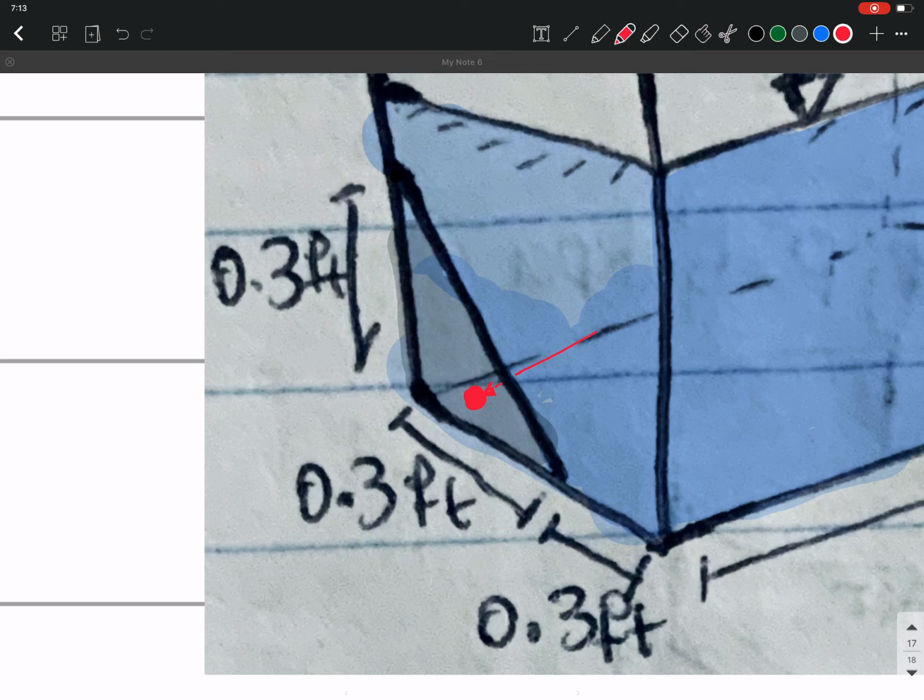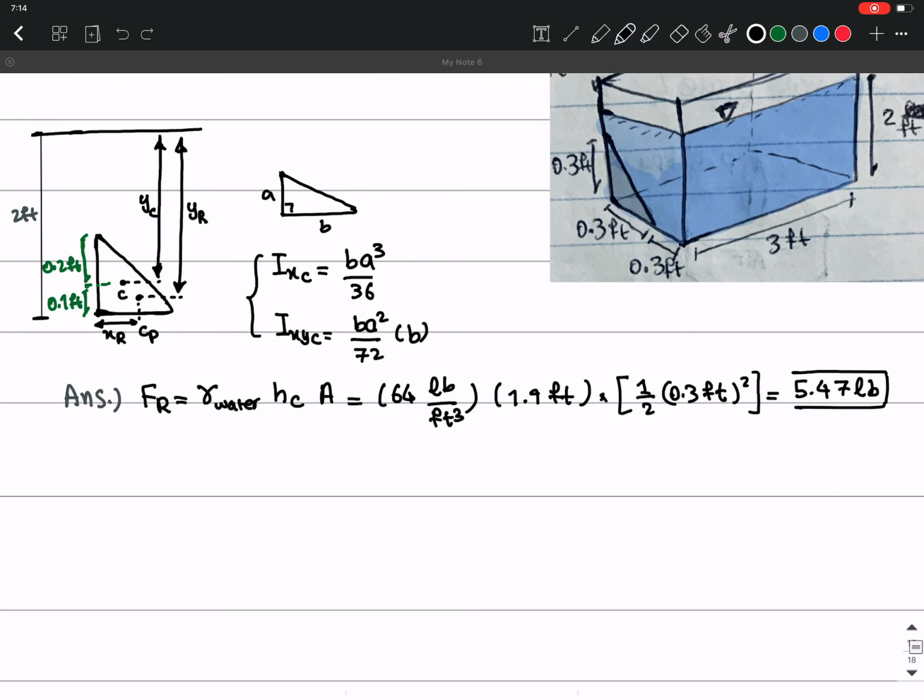From the back of it. So this is going to be the location of this force, and now I'm interested to find that location.